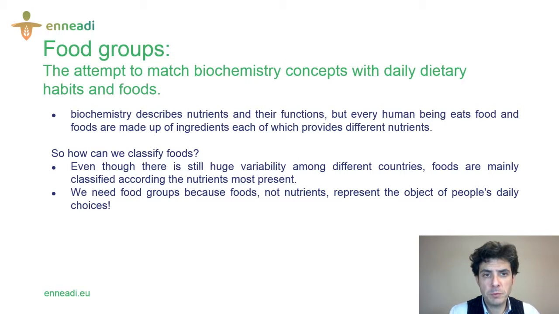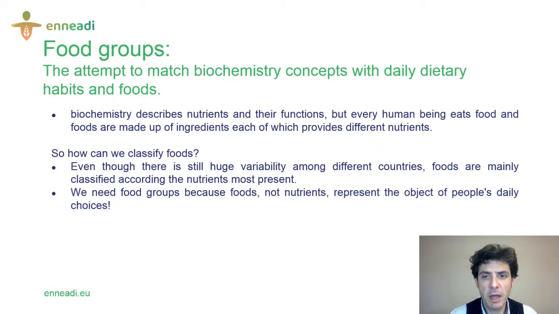Food groups represent the attempt to match those biochemistry concepts we discussed in the previous units with daily dietary habits and foods. As we already mentioned, biochemistry of nutrition describes nutrients and their function.